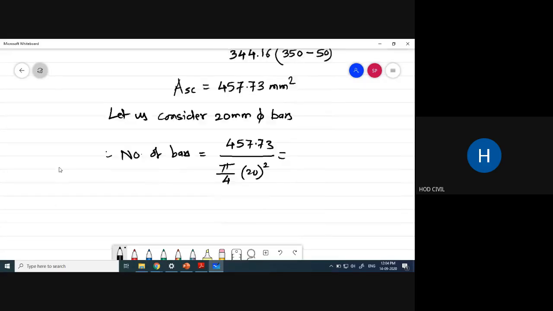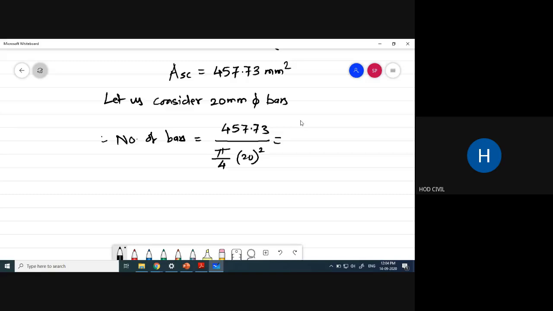What is the value? 1.46. It means 2 bars.